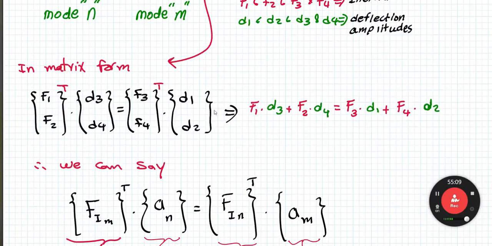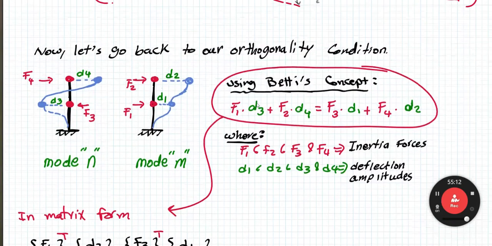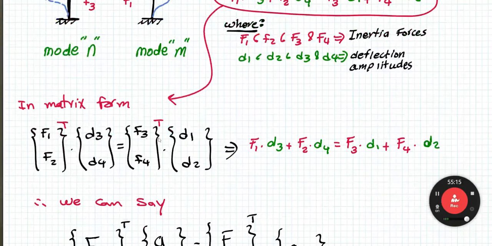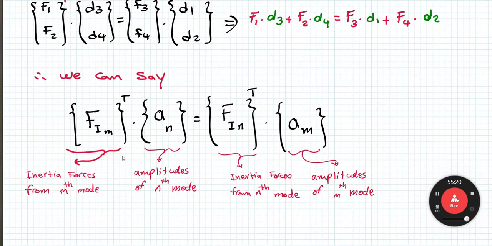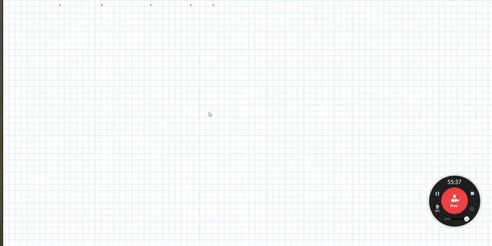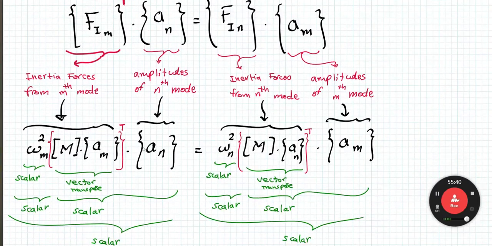After that, I did some manipulation to put the understanding of Betti's concept into matrix form, and then we realized that we are dealing with matrices or vectors mathematically, but actually they have some significance for us. We have inertia forces multiplied by amplitudes, the left hand side and right hand side, and based on this understanding we substituted into the main equation that we obtained before, which is related to omega m squared times the mass matrix times AM transpose.